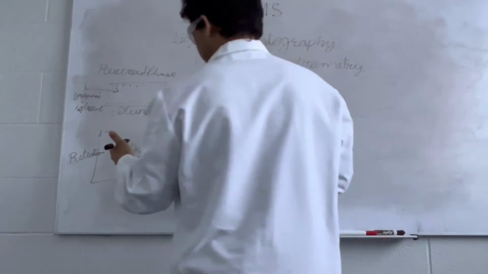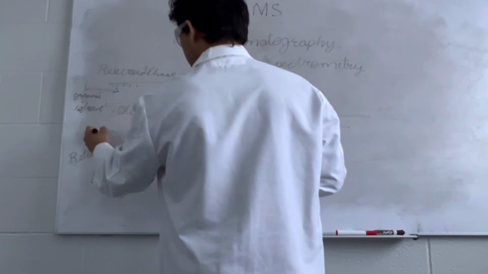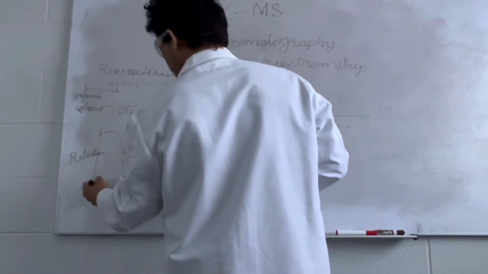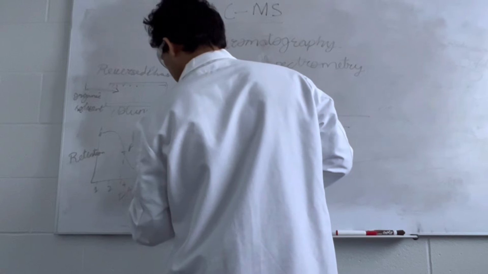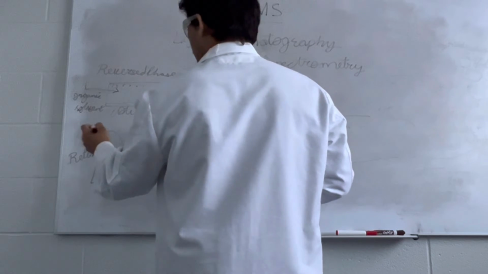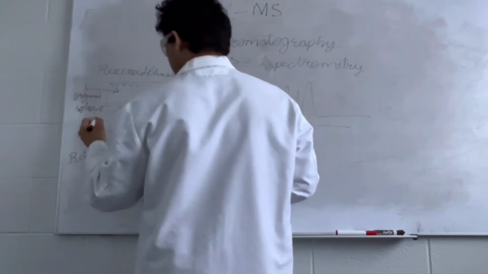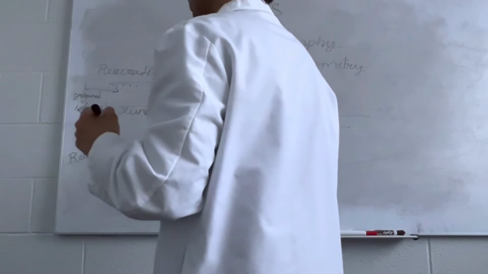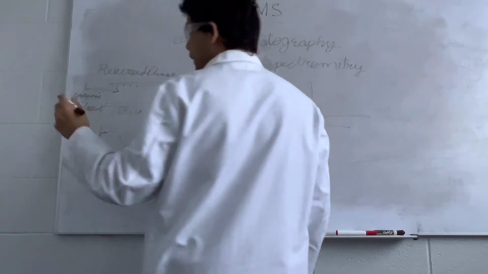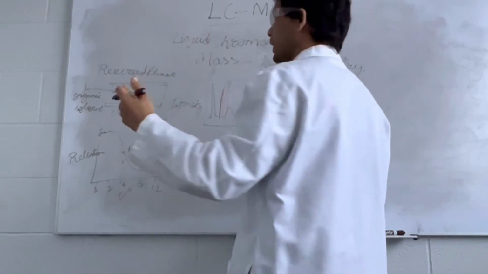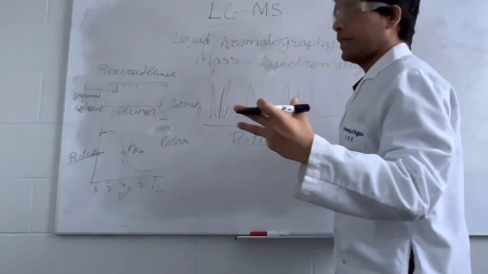When the mobile phase enters, if its pH is very low, the acidic compound is difficult to ionize at low pH, so the non-ionized compound remains in non-polar form.